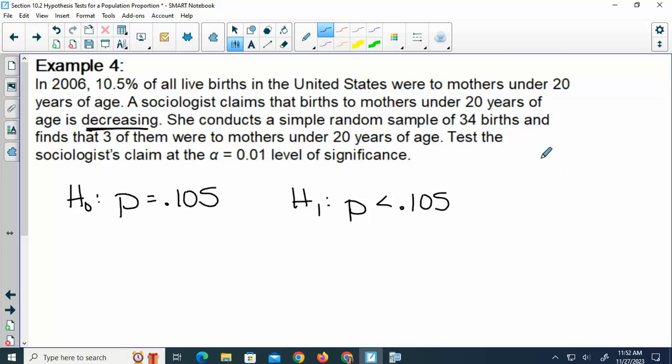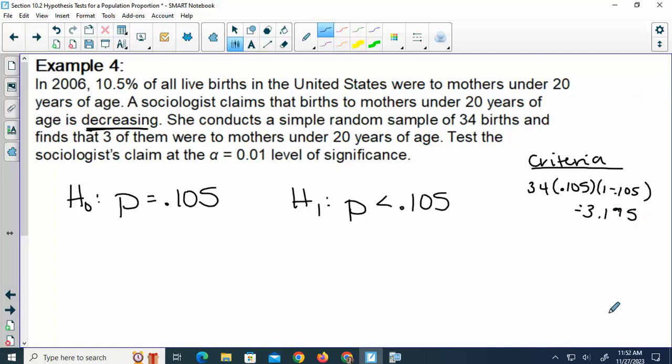Okay, let's check our criteria. N, which was 34, times P, 0.105, and 1 minus P. So that's 3.195.